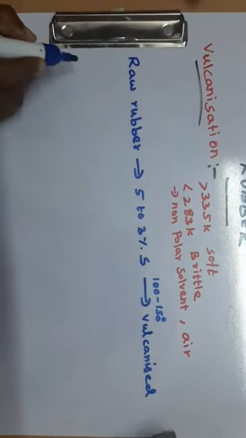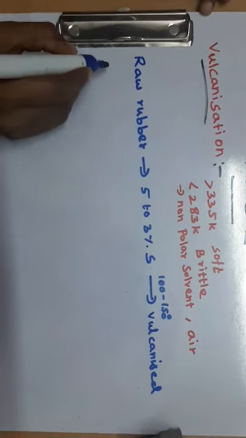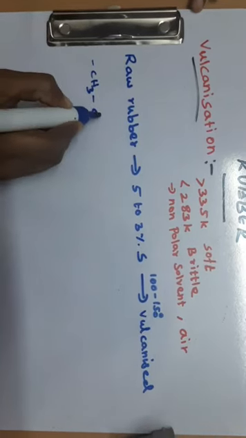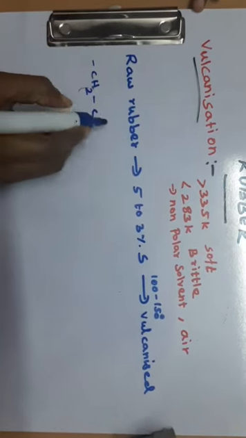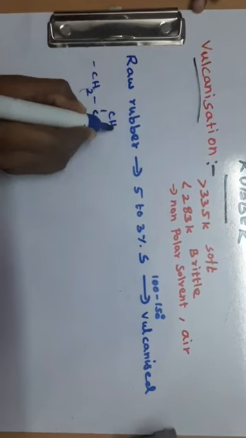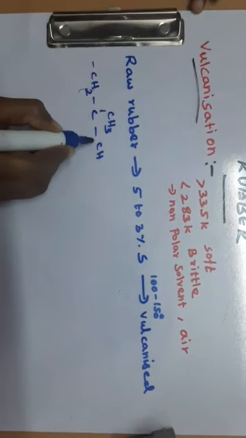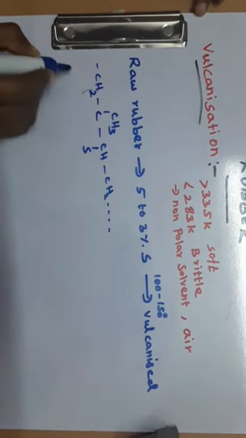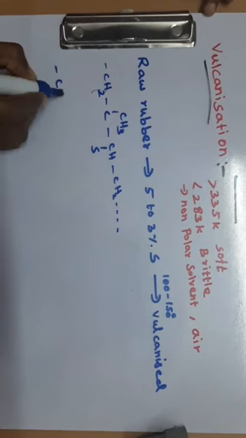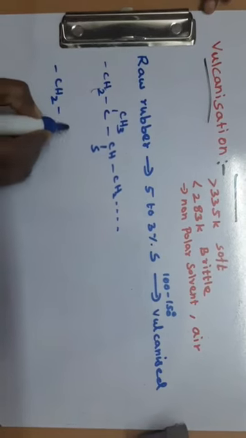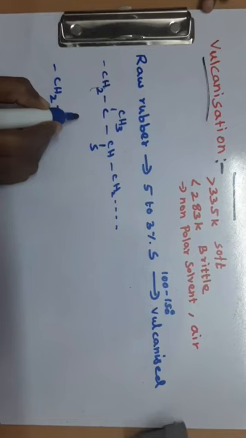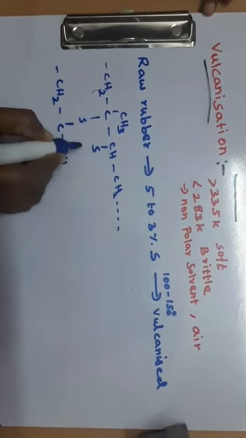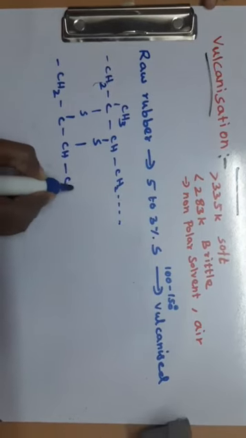Here it makes two disulfide bonds. Okay, here CH2, C, CH3, CH, CH2. Okay, here another one more, CH2, C, CH, CH2.